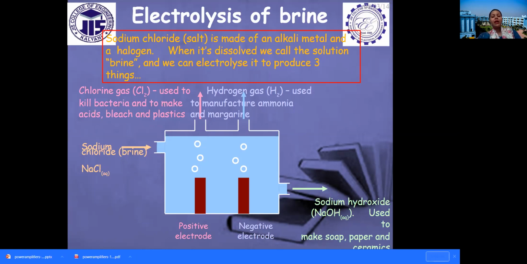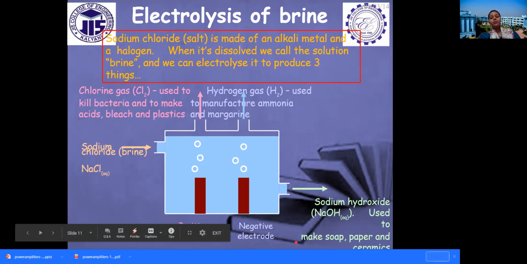One is chlorine gas, one is hydrogen gas, one is sodium hydroxide, and the three of them have three different applications. Chlorine gas, as I've already told, is used to kill bacteria and to make acid, bleach, plastic. Hydrogen gas is used to manufacture ammonia and margarine, and sodium hydroxide is used to make soap, paper and ceramic. So this is the arrangement here. This is the brine and these are two electrodes.